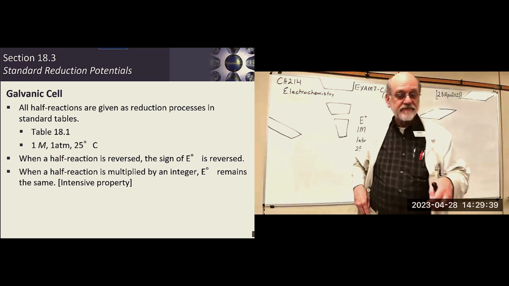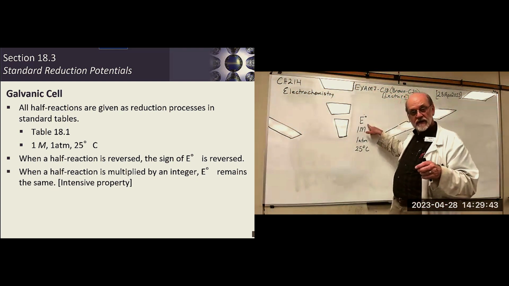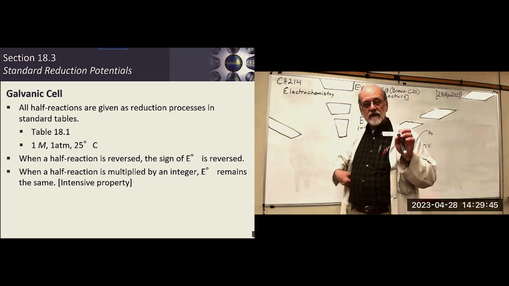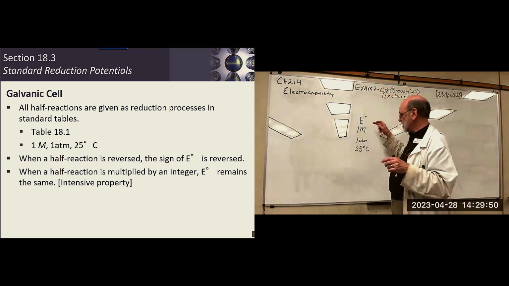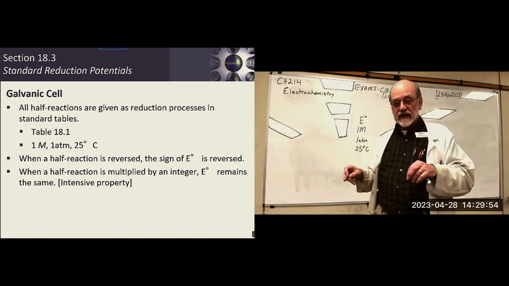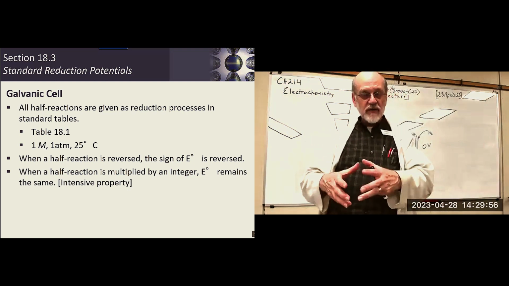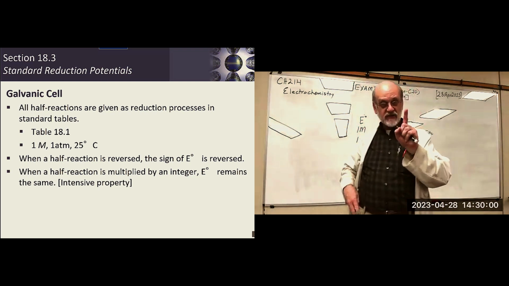And by the way, this standard potential in volts is the same for any reaction, as long as these conditions are maintained: 1 molarity, 1 atmosphere, 25 degrees C. It doesn't matter how big the cell is or how small the cell is, it's always that value for standard potential.